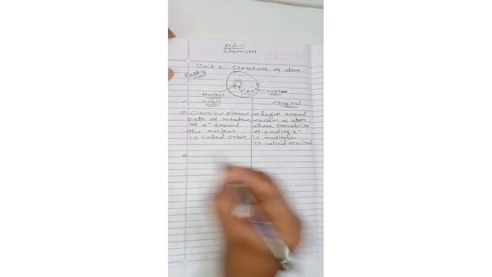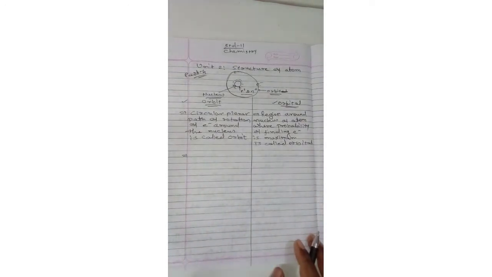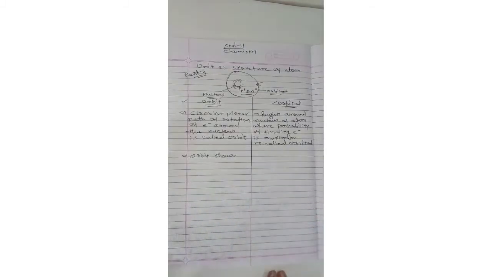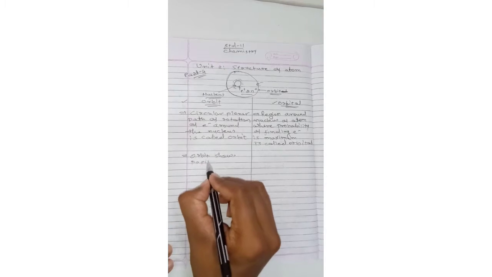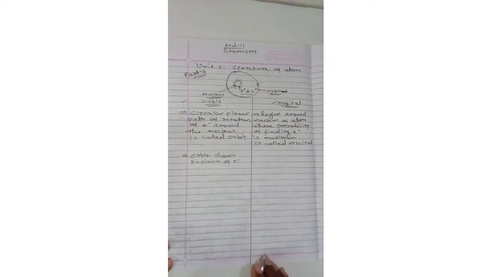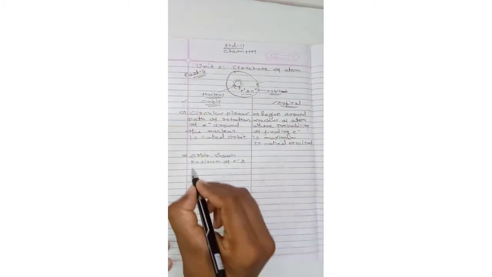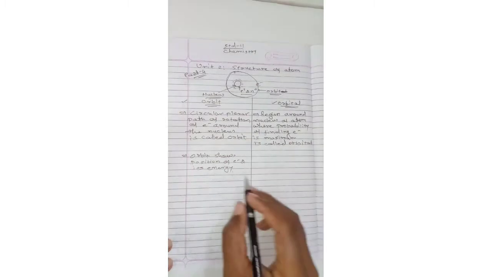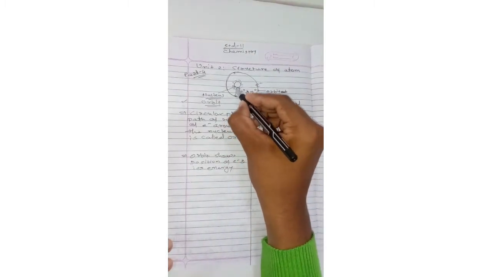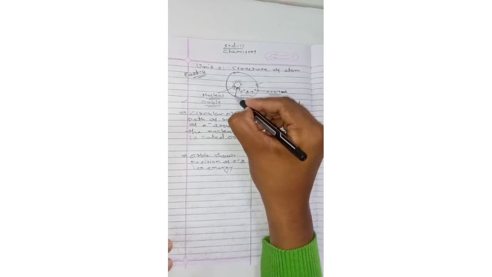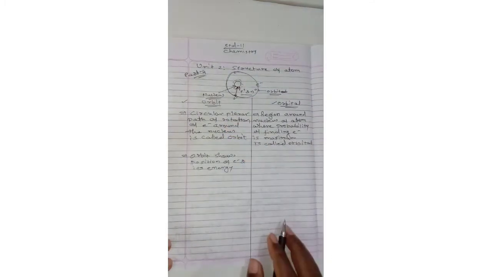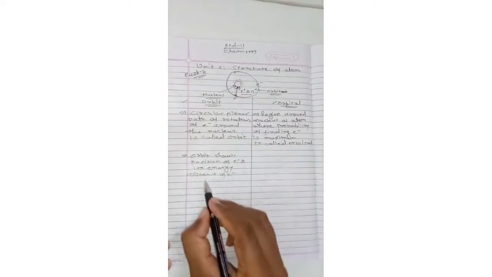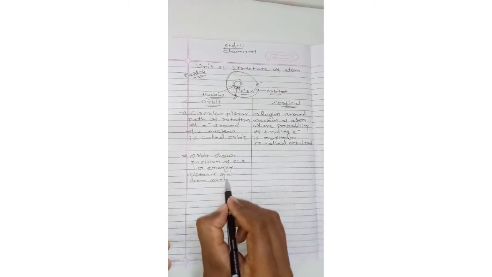Now the next difference: the orbit shows, number one, the position of the electron, and its energy, and third, the distance between the nucleus and the electron, that means the distance of the electron from the nucleus.